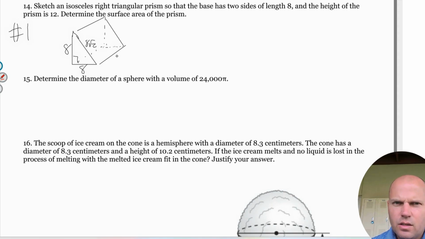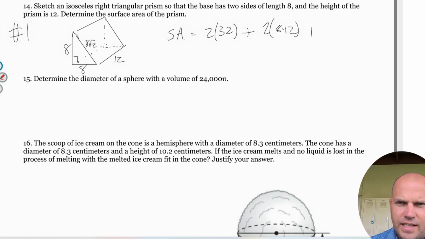Surface area. The height of the prism is 12. So the surface area is going to be 2 of these triangles, which is 32. And then 1 8 by 8 rectangle, and then I have 2 8 by 12 rectangles, and then I have 1 8 root 2 by 12 rectangle.